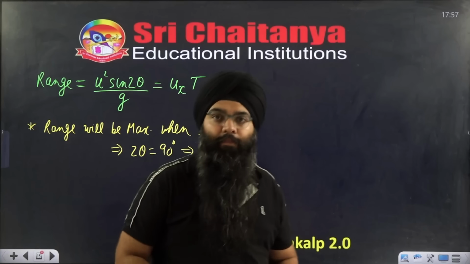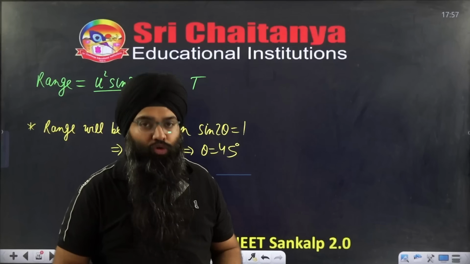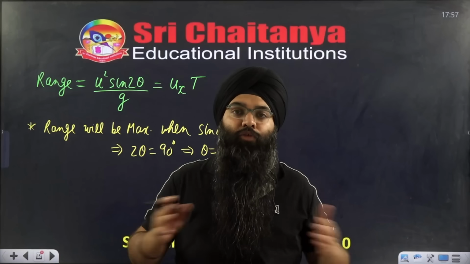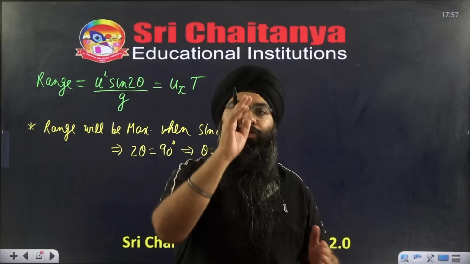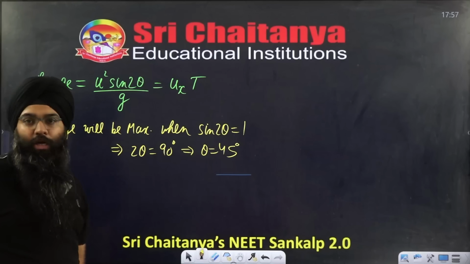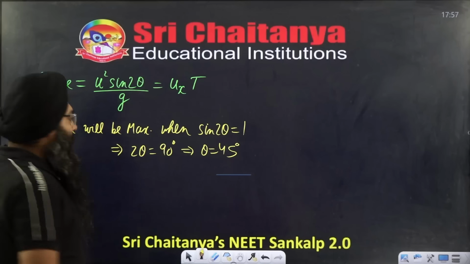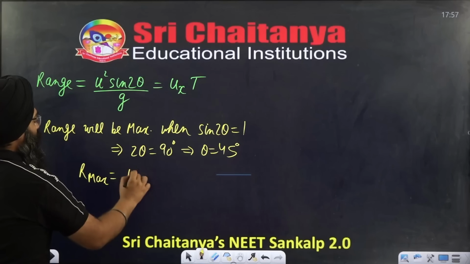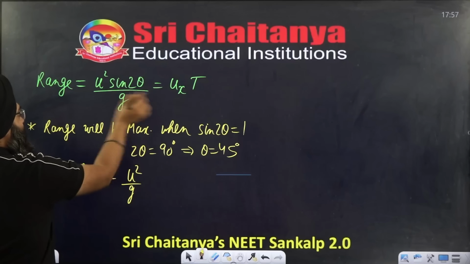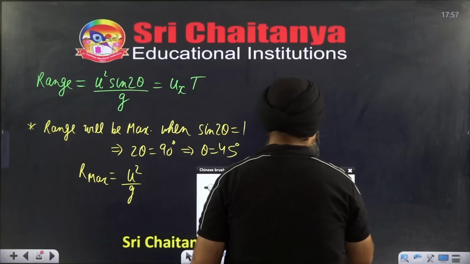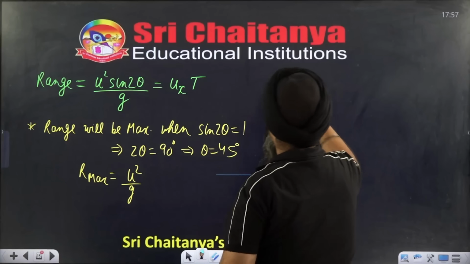So always remember, if somebody asks at what angle I should throw the projectile so that it covers the maximum range, that angle is 45 degree. And the maximum range will be u square divided by g, because in that case sine 2 theta will be equal to 1.